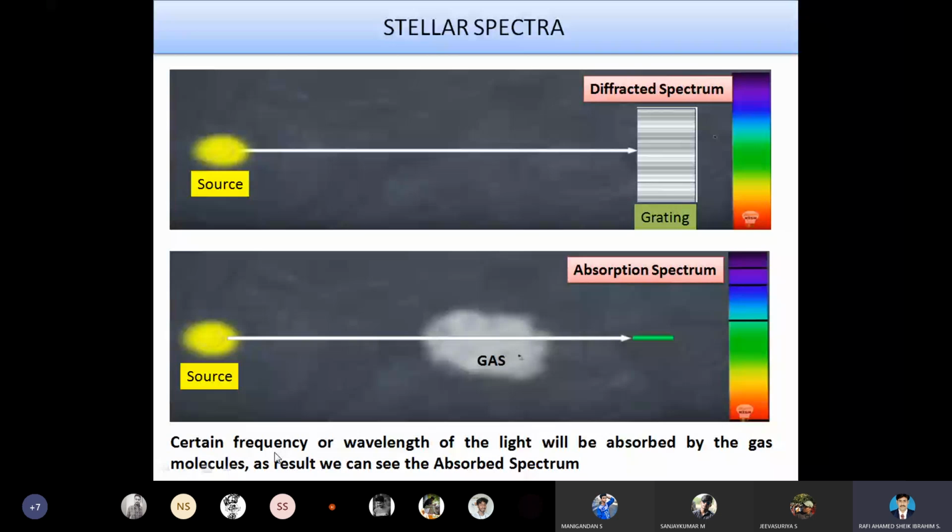When the frequency is low, the wavelength is large. So it's vice versa. When this radiation falls on the gaseous molecules, the light will be absorbed by the gas molecules. As a result, we can see the absorption spectra.